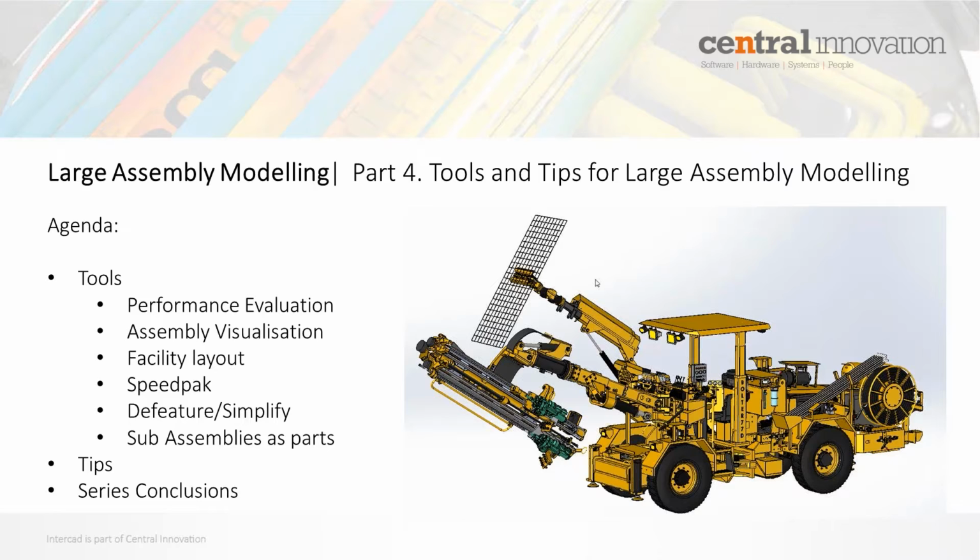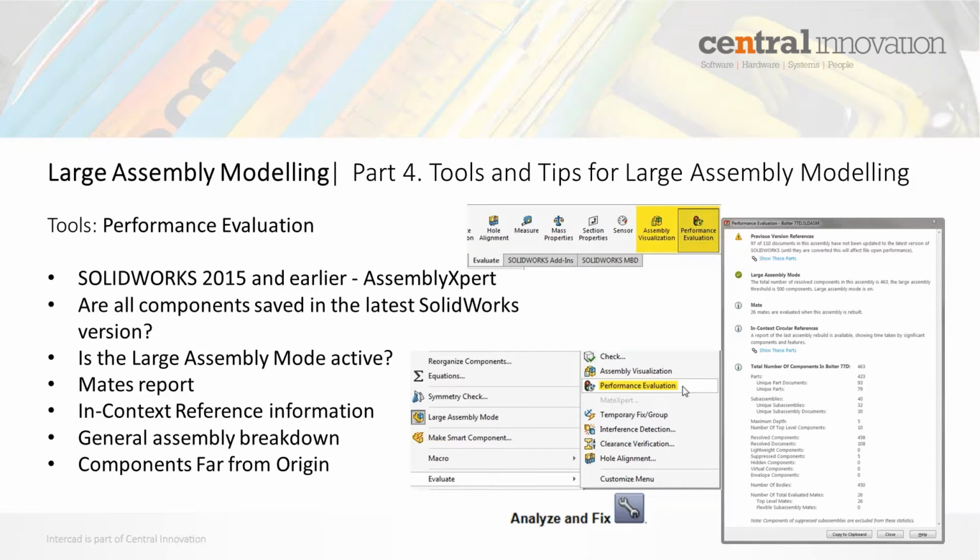Okay, so let's jump into the content, and specifically performance evaluation. The performance evaluation tool can be found on the Evaluate tab of the Command Manager in SolidWorks, or you can go to Tools, Evaluate, and Performance Evaluation.